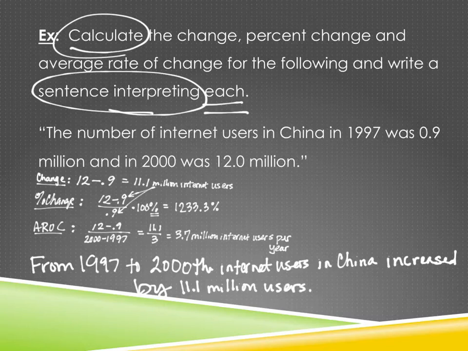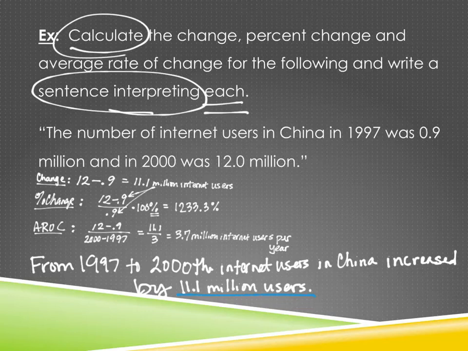I already identified they were internet users, so I don't necessarily need to say internet users again. If I did, it would be fine. 11.1 million users. But this piece right here could very easily be replaced with one of the other kinds of changes.